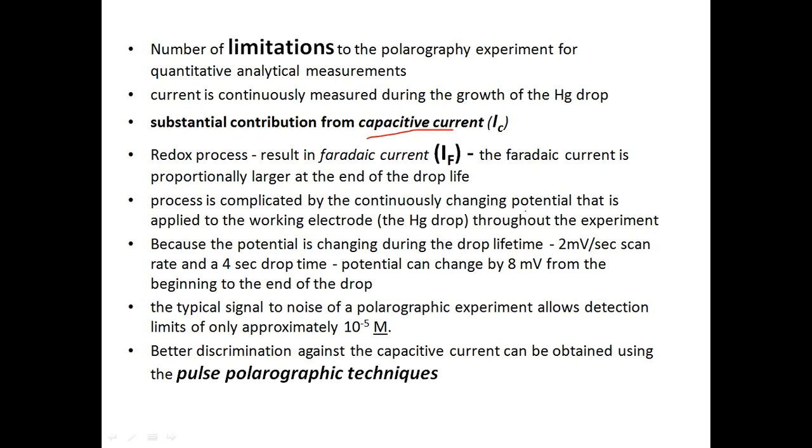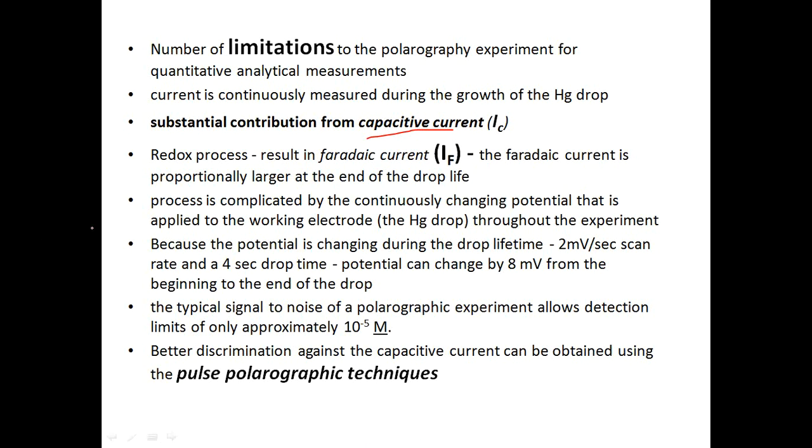What is this capacitive current? It is nothing but the current which is generated when the mercury drop is forming, the drop is formed and it is charged. When the potential is applied, it gets charged negatively. So during that time some current is measured. That is the capacitive current. It is also called the condenser current.